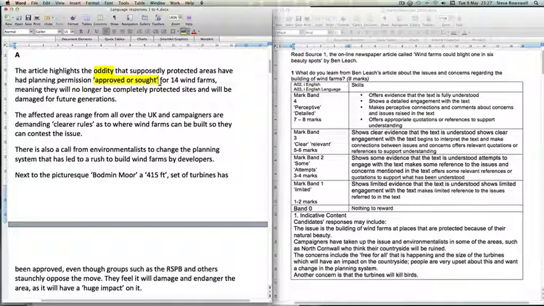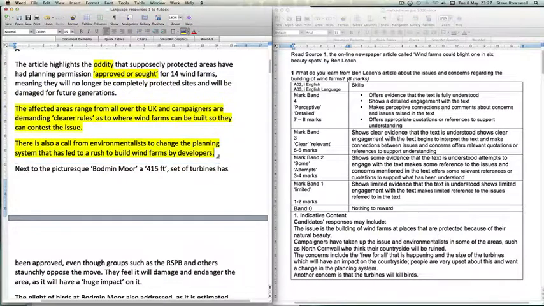In these two paragraphs, there is clear evidence of understanding of the issues and concerns within the article. The issues raised by the different groups, such as the RSPB, are clearly identified, and facts are used to support this. There are perceptive and detailed links between the evidence, issues, and concerns.